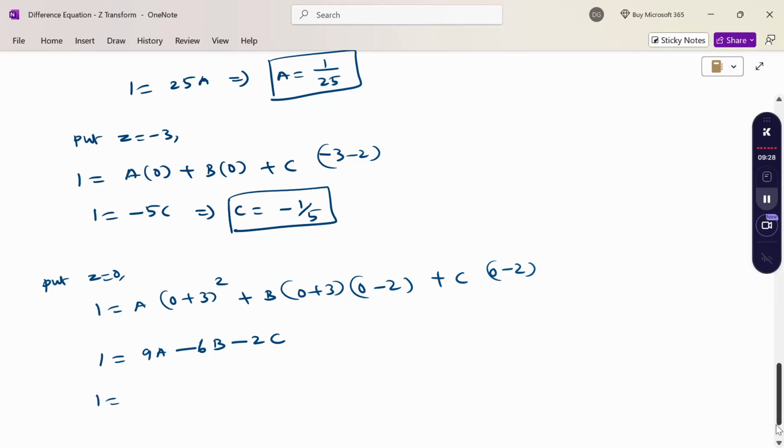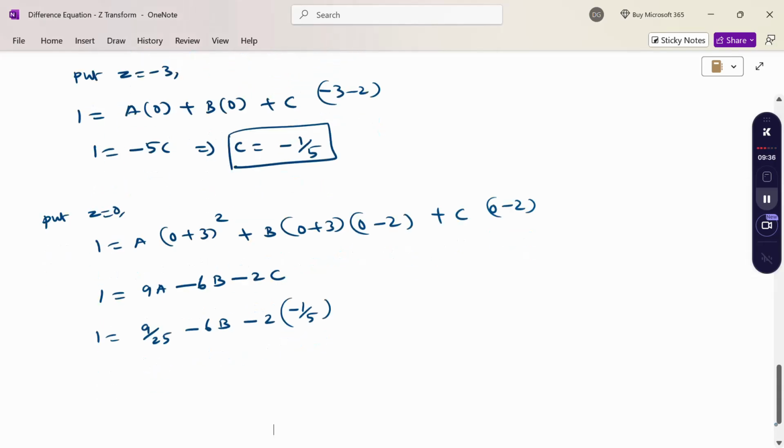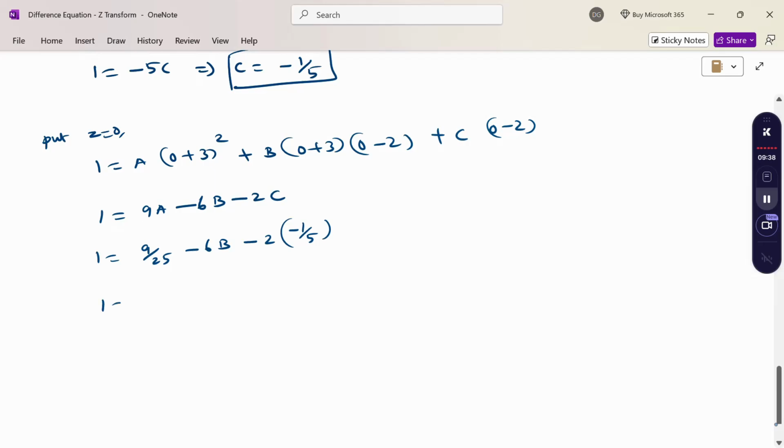Substitute the value of a = 1/25, b, and c = -1/5. Now, taking this multiplication, 1 = 9/25 - 6b + 2/5.